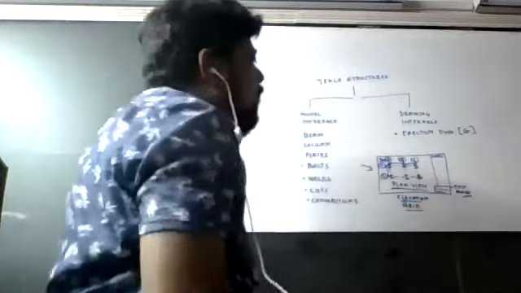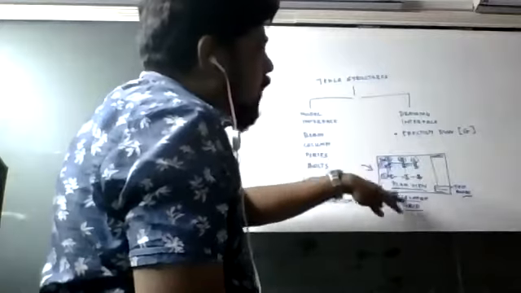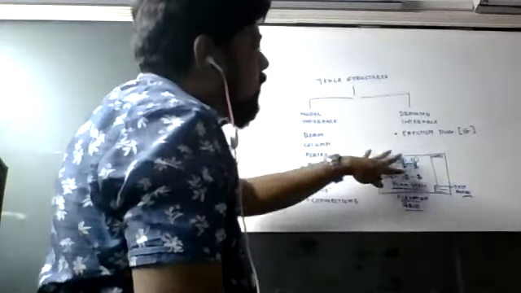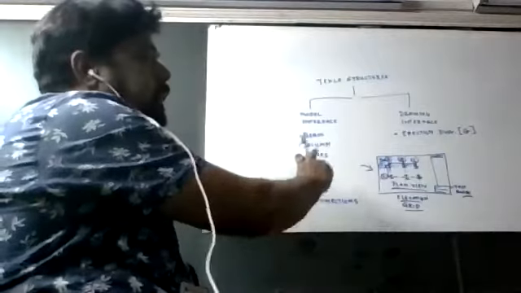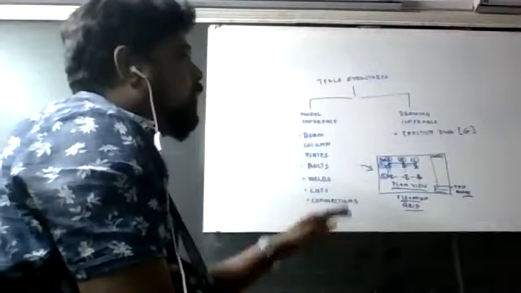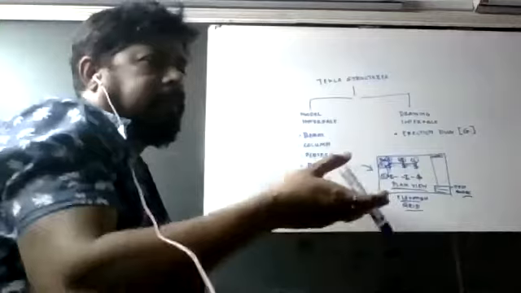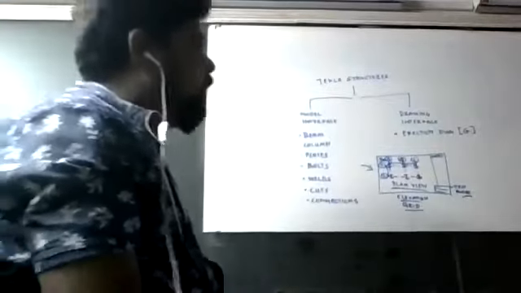Title block, notes, and your views: plan view, elevation view, grid view, and there are many other things. So these are the basic things which are available in the erection drawing. Erection drawing is nothing but a section of a building, a partial section of a building.